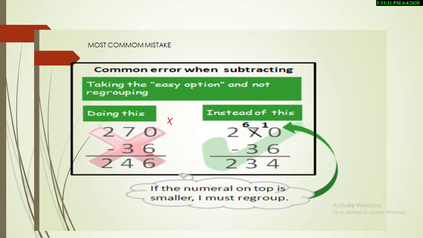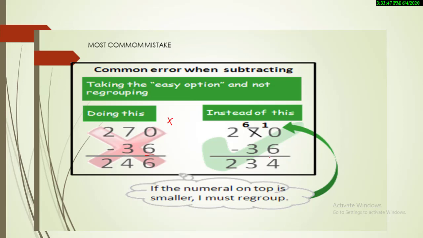You need to go to the next door, make it 10, and the answer is 234, not 246. So you see that one small mistake that the child did in this question, and the whole question goes wrong. So that's why I wanted to show you this common mistake.